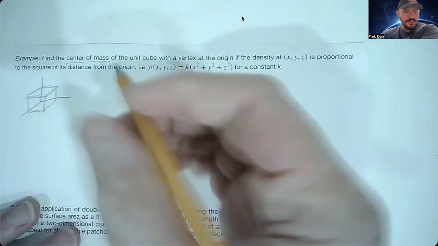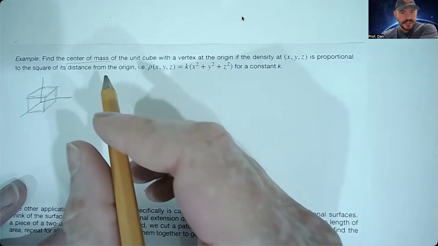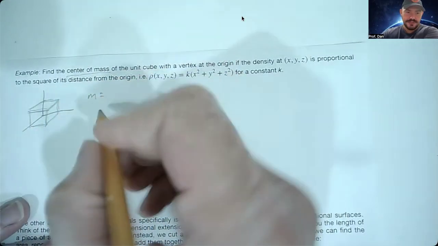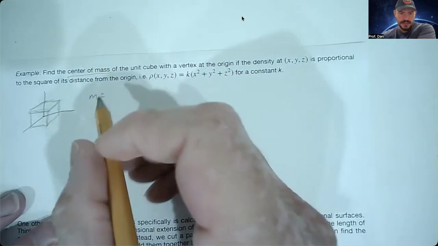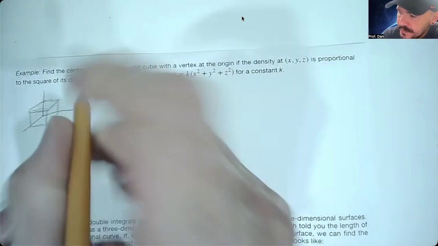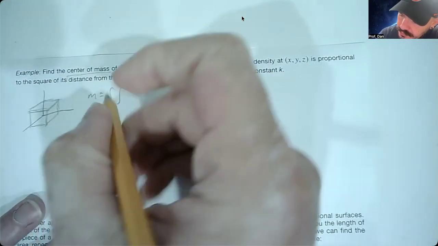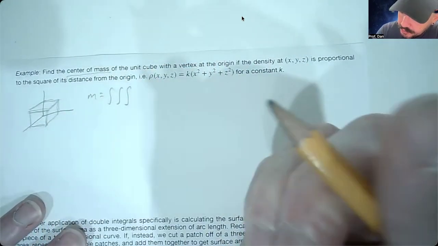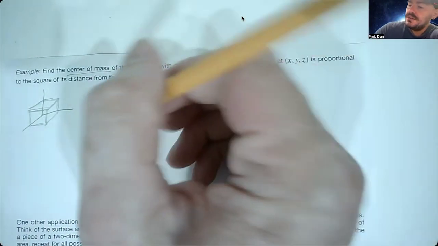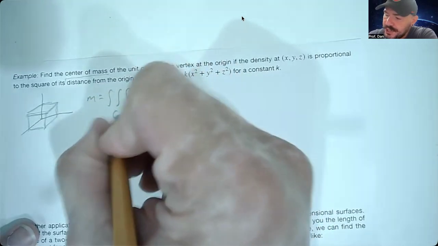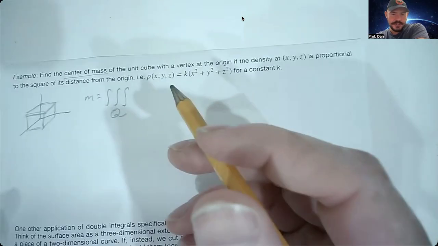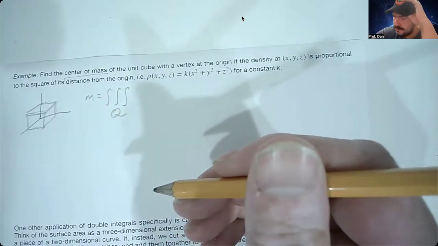All right, so we want to know center of mass. Before I can get the center of mass, I have to know what the mass is. Remember, that's your 0th moment of the density function, i.e. just the double integral. Actually, triple integral. Yep, that's right. It's a triple integral. All right, so the triple integral over the region Q, which is typically the letter that we use for triple integrals as opposed to R for double.